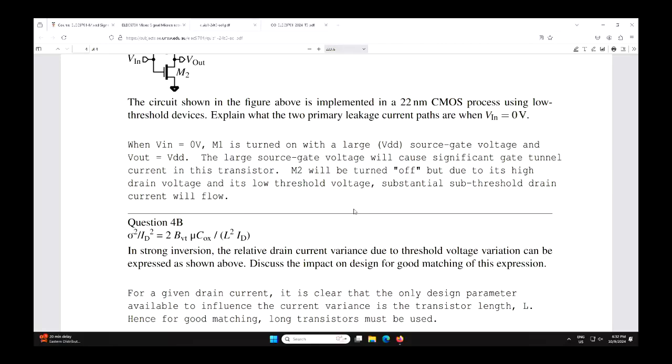I know in digital we always use minimal length. And if we want to reduce the variation in digital circuits, then if the length is fixed, should we increase the current?